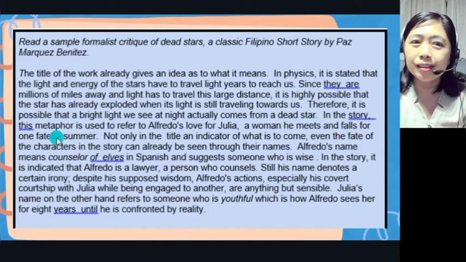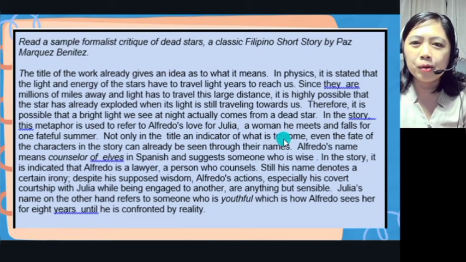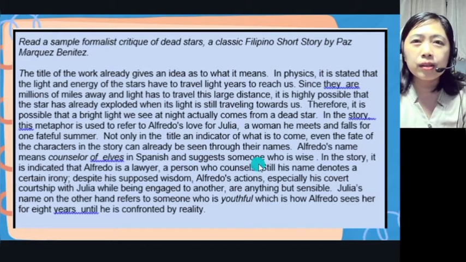In the story, this metaphor is used to refer to Alfredo's love for Julia, a woman he meets and falls for one fateful summer. Not only is the title an indicator of what is to come, even the fate of the characters in the story can already be seen through their names. Alfredo's name means Counselor of Elves in Spanish and suggests someone who is wise.